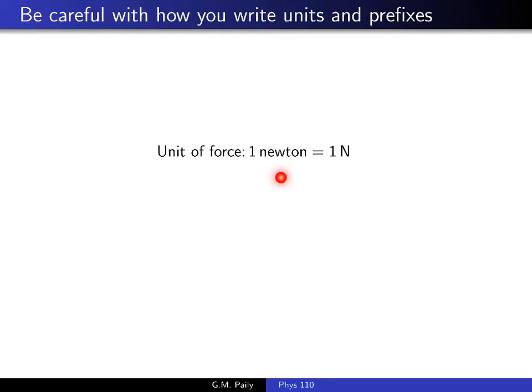I've written it out explicitly, 1 Newton, and then I have also used 1 N. The capital N here is the symbol for a Newton, just like a small m is the symbol for a meter, or a small s is the symbol for a second. Notice that when I write out Newton in full, I do not capitalize the N. If I capitalize the N, that refers to the person, Isaac Newton. So when using the units, use a small n if you write it out in full, but use a capital N if you just use the symbol for the unit.